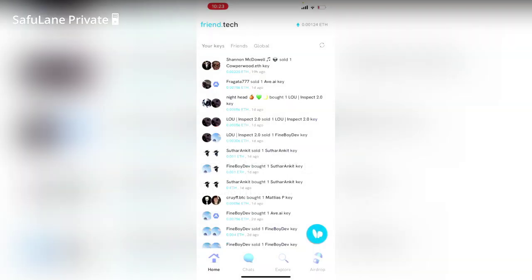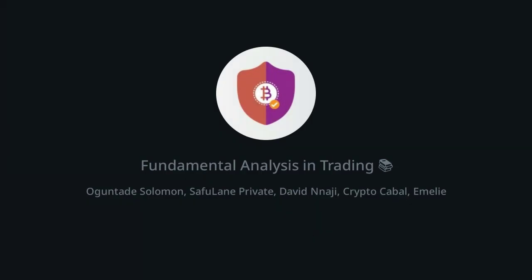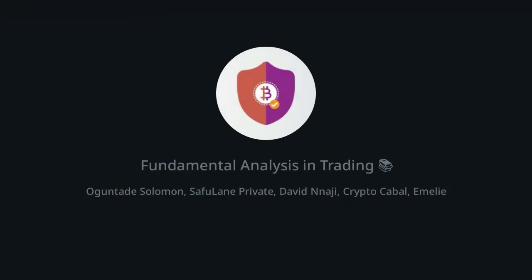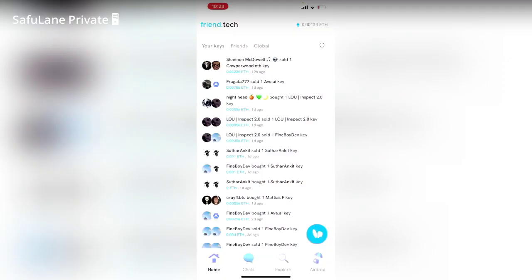Whenever someone buys or sells my key, that is when I can earn some profit from the trading fee, and it makes my key increase in value. Otherwise, nothing is going to happen with my key. So if you are not careful, and people that have bought your key decide to sell it, and you bought at a very high price, you can run at a loss.